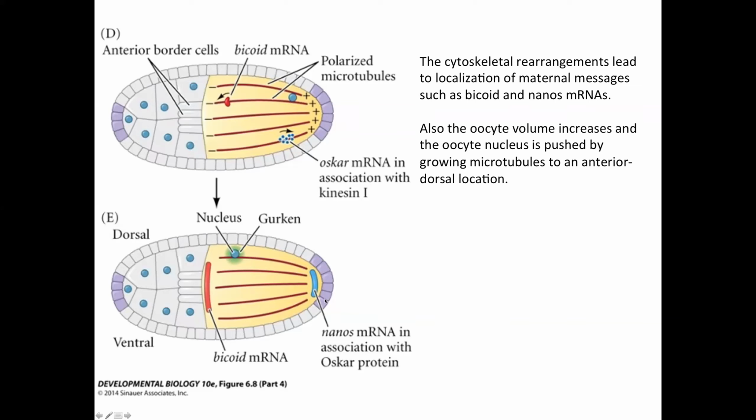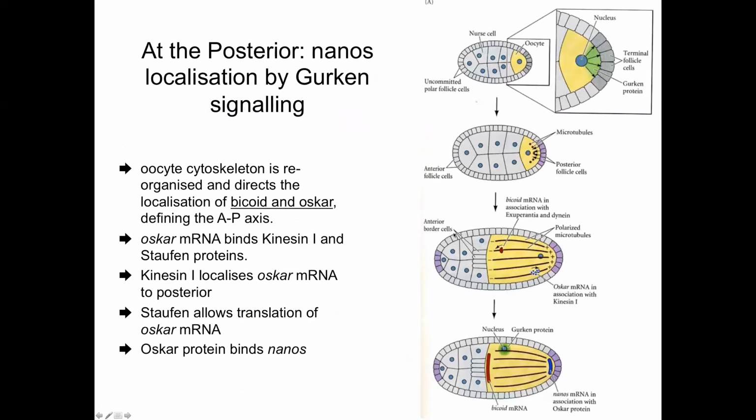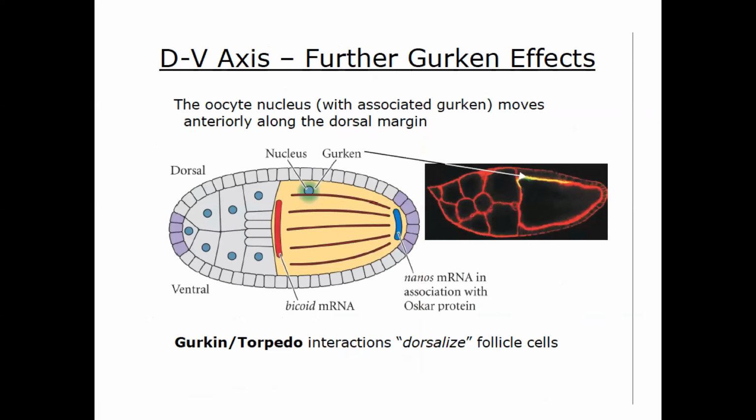Okay. Correct? Yeah. Now, dorsal and ventral is for the entire embryo, right? Yes. Correct? So what you will subsequently see is that this initial activation of the torpedo signaling says you're dorsal, and everything else that is not dorsal is going to become ventral.